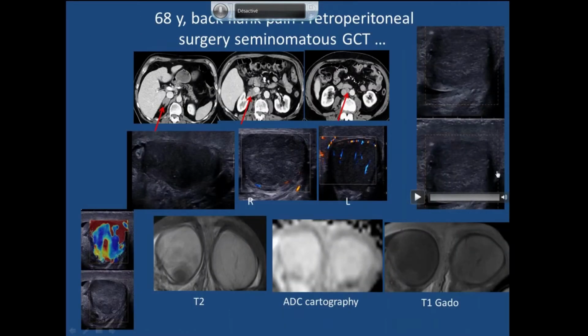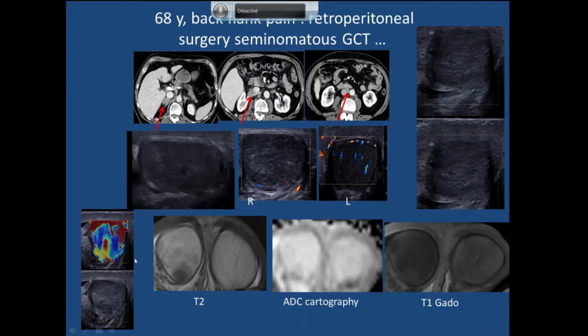Another example, a recent case: this man had back flank pain, and some masses were seen in the retroperitoneal space. And unfortunately, he underwent a surgery discovering a seminomatous germ cell tumor. And look at his right testis.